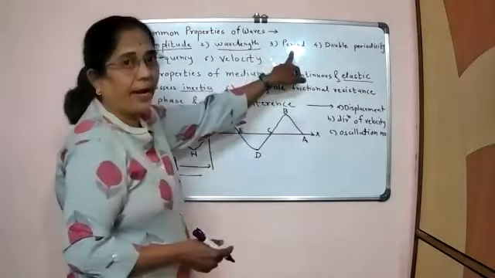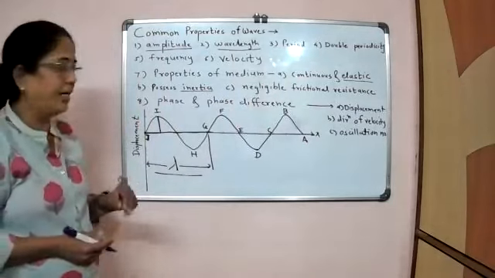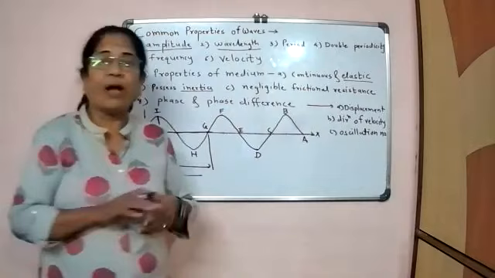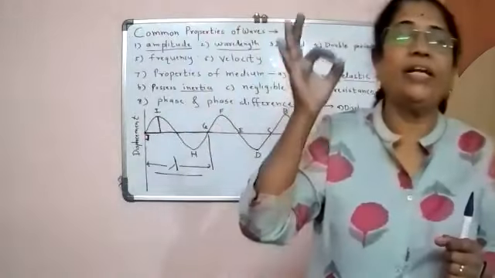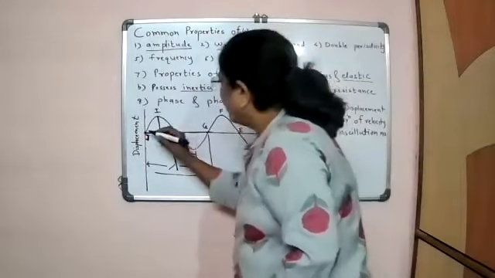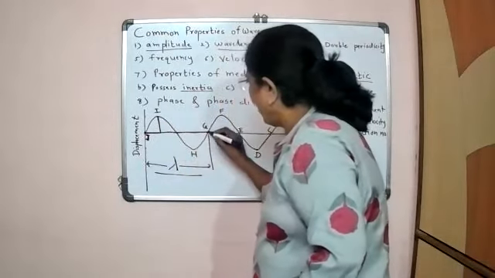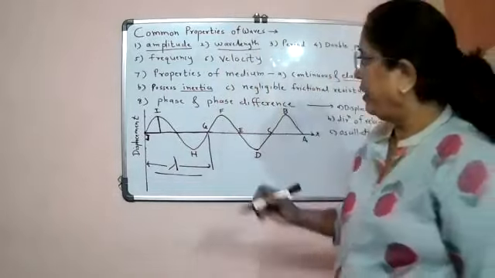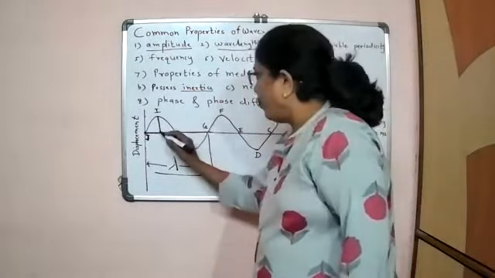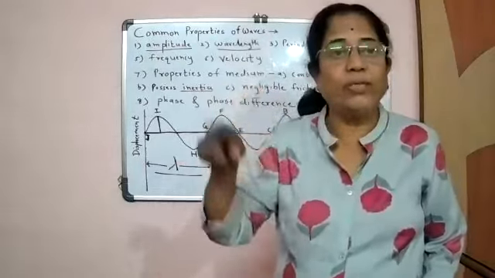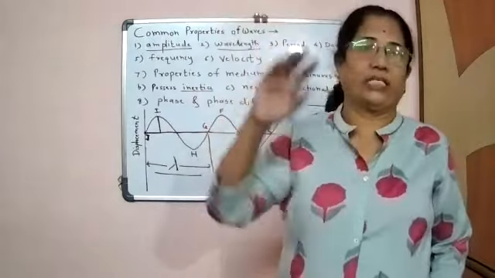Third one is period. Period is the time required by the particle to complete one oscillation. We can say that this is one oscillation, this is one wave, and in this one wave each and every particle has to complete its own oscillation.